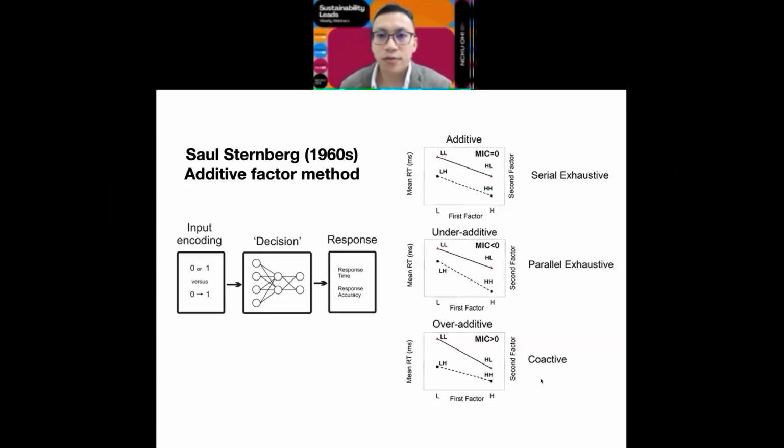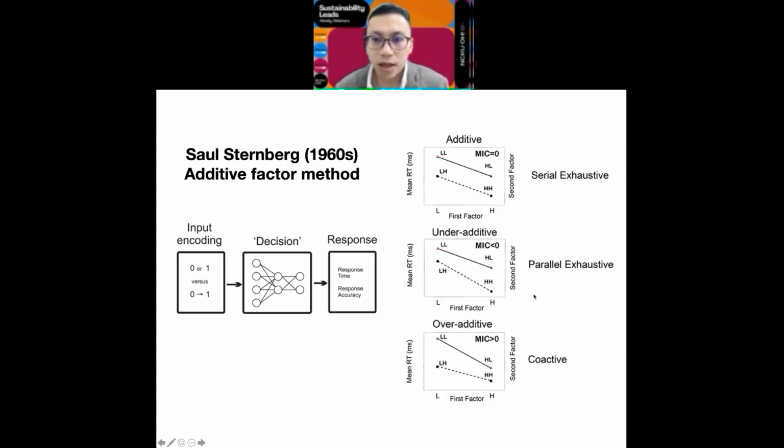So for example, if you observe two parallel lines, which means there is no interaction between the two factors, then we can infer the system is a serial system, which means it's an additive effect between the two factors.